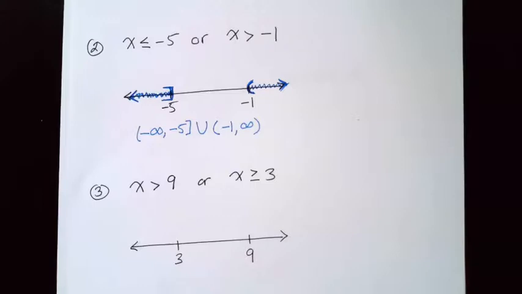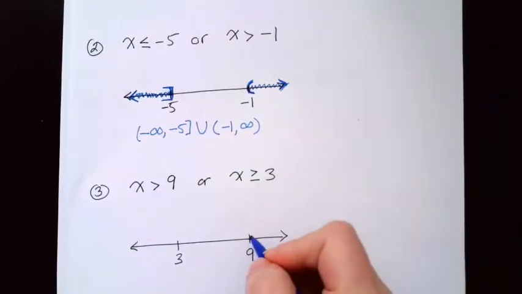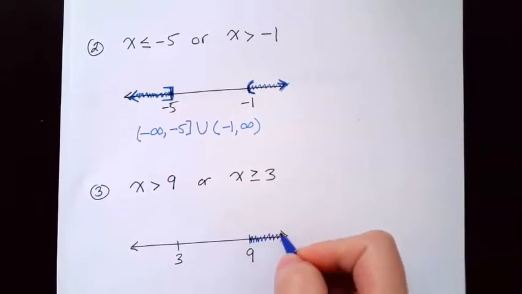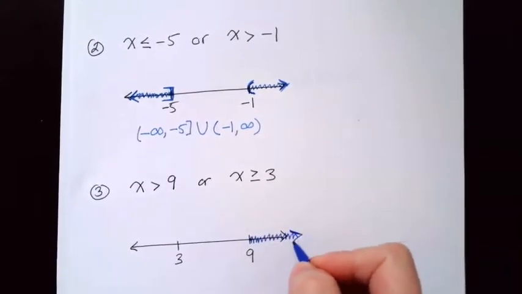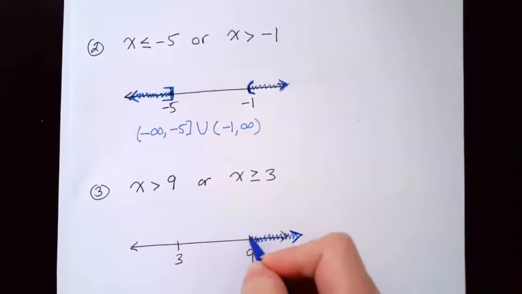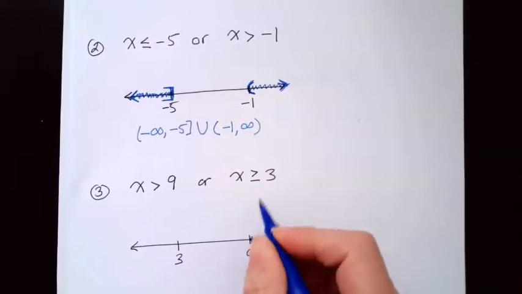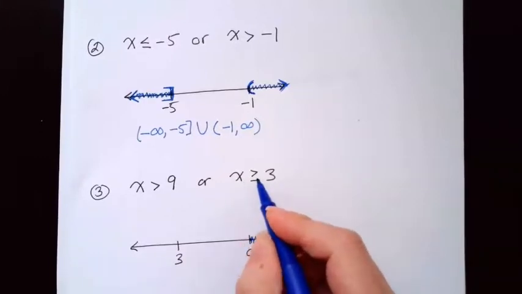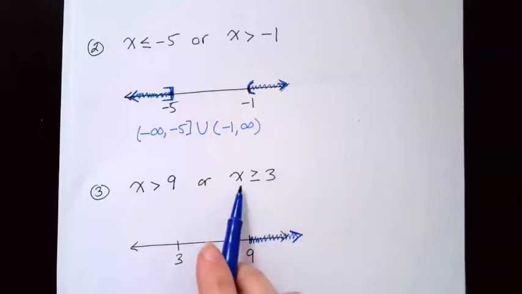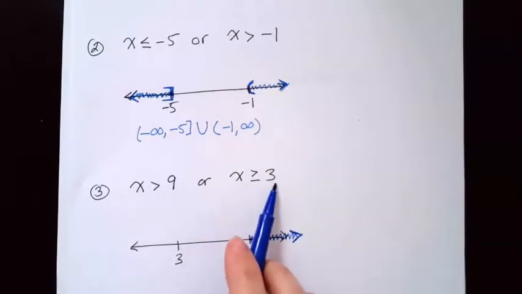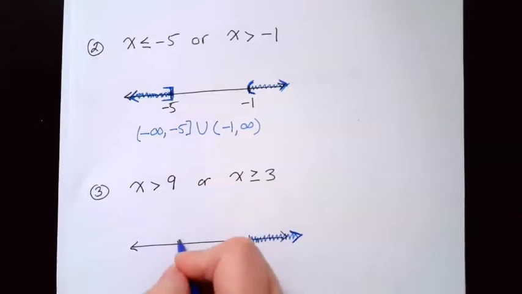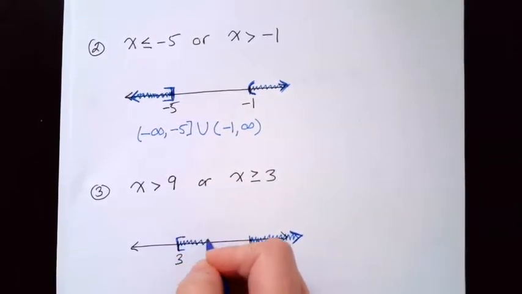So the first one, x is greater than 9, doesn't say equal, but greater than would be here. I would put parentheses there. I'm not going to put it yet because I want to see what's happening here because I notice that that's also going in that direction. x is greater than or equal to -3. So if I go to the -3, it can be equal to -3, so bracket, but it can be greater than.